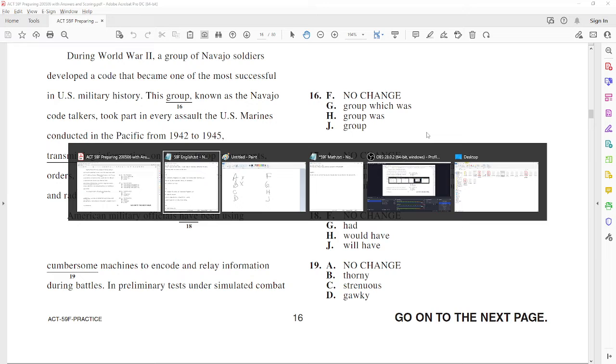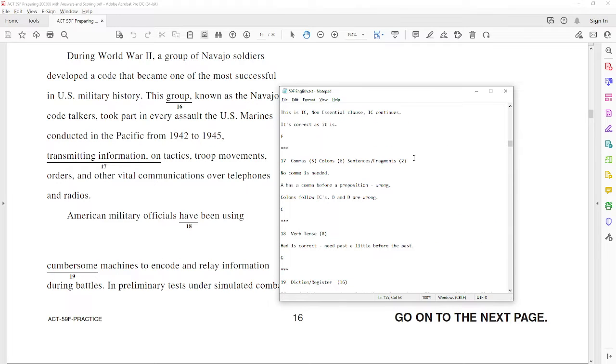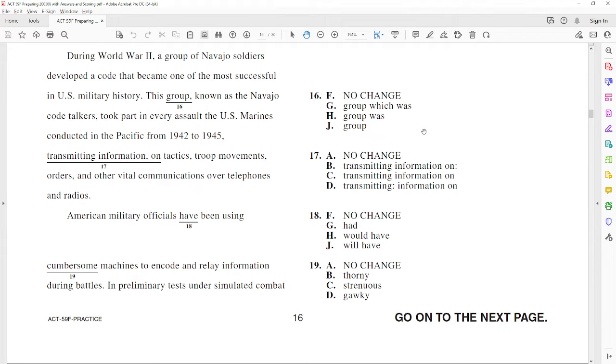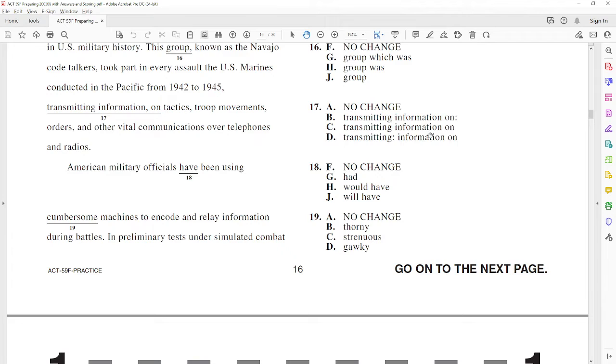So 17, the answer is C, and then I better have in there commas, yes, colons, chapter 6, sentences and fragments, chapter 2, and do I even explain? Yes, I do. Colons follow independent clauses. B and D are wrong, because what's before the colon is not an independent clause.